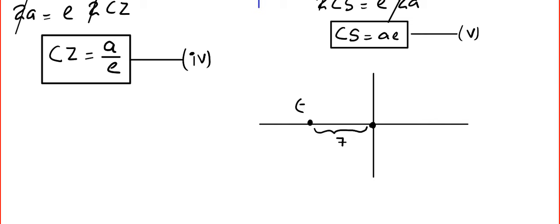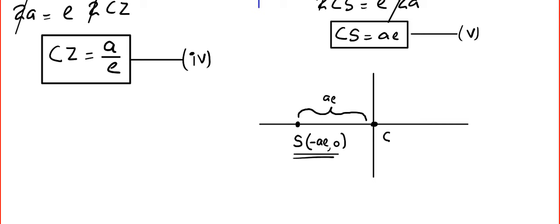Now look at this. I think you understood why I asked that question. C means our origin. S means the focus on the left. And we found that the distance between the origin and focus is AE. That gives me a 100% assurance that the coordinate of S will be minus AE, 0.